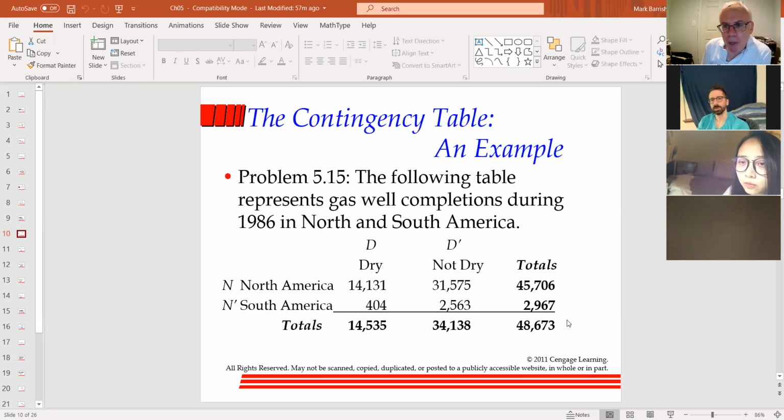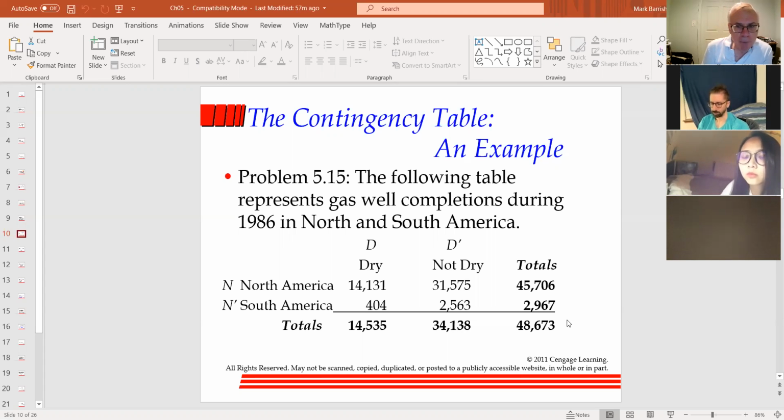Good. If I picked a well at random, what's the probability that it's from North America and it's not dry? 31,575 out of 48,673. Exactly right.